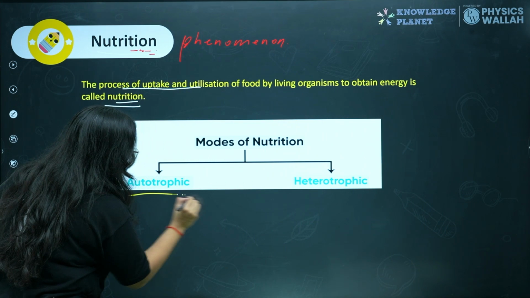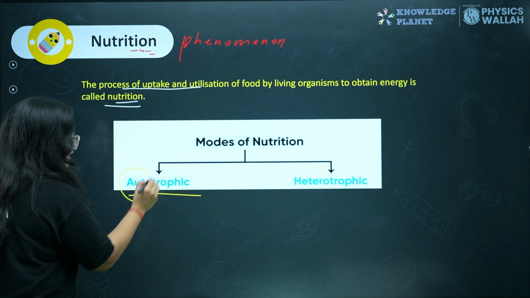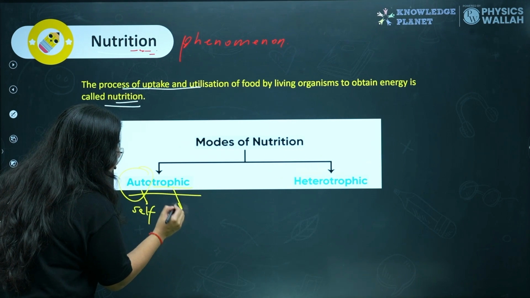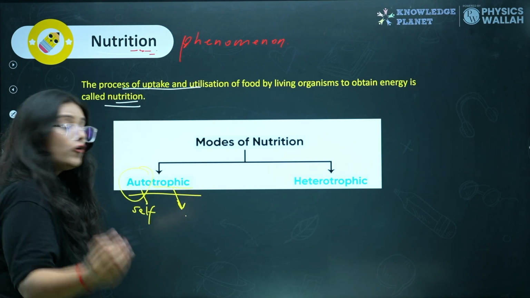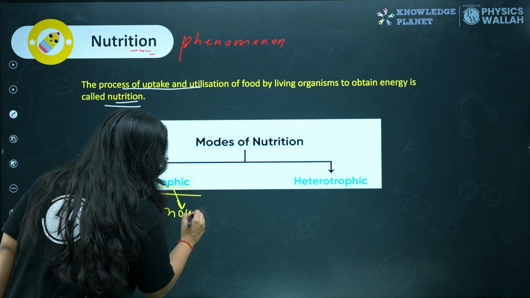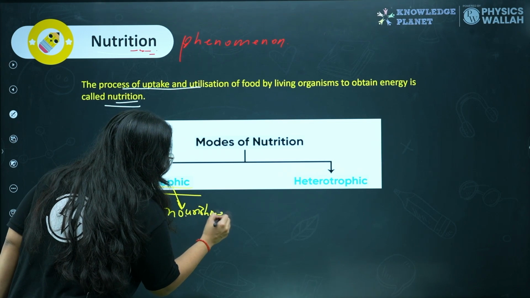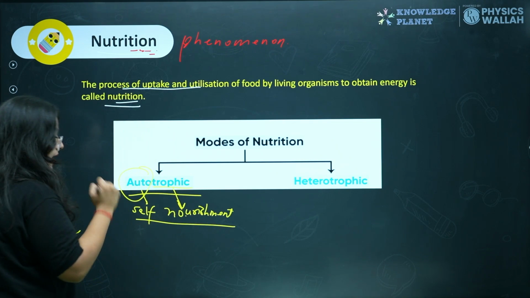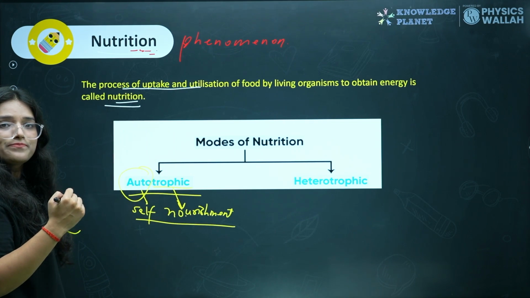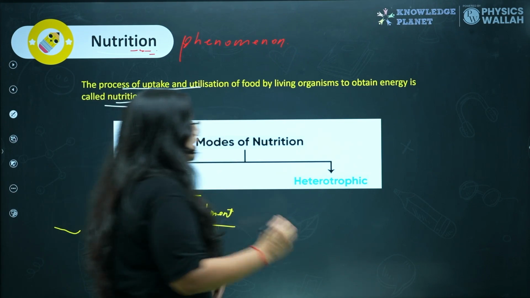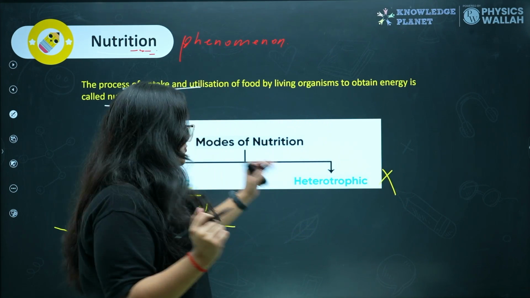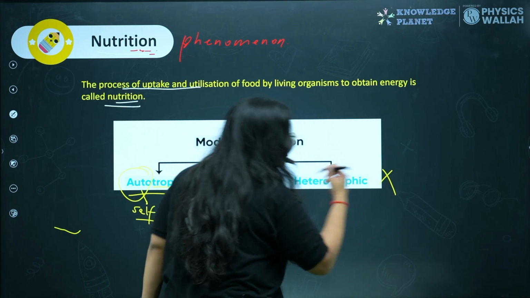Okay, so let's talk about the autotrophic mode of nutrition. The word auto means self and trophic comes from the word trophos, which means nourishment. Those organisms which are capable of self-nourishment are known as autotrophs, while those organisms which cannot synthesize their own food depend on other organisms.